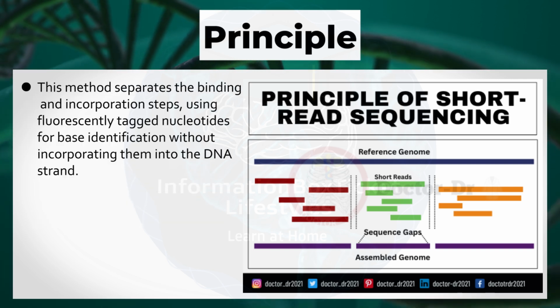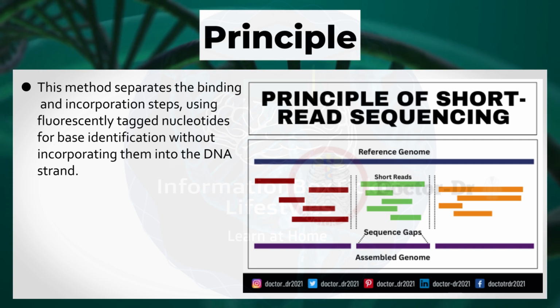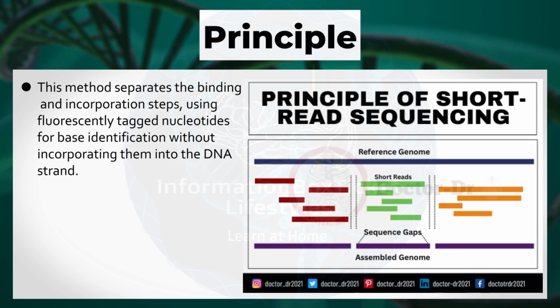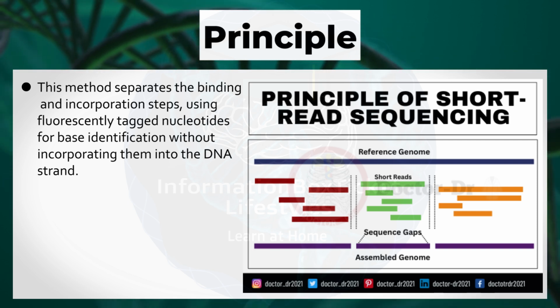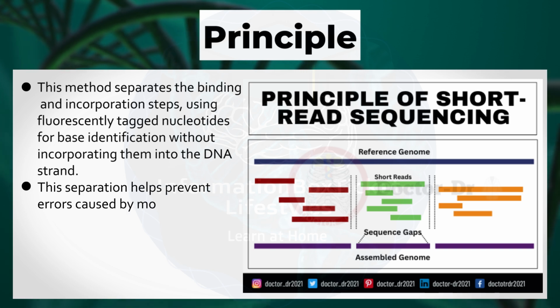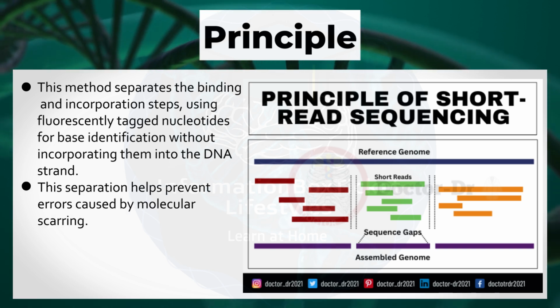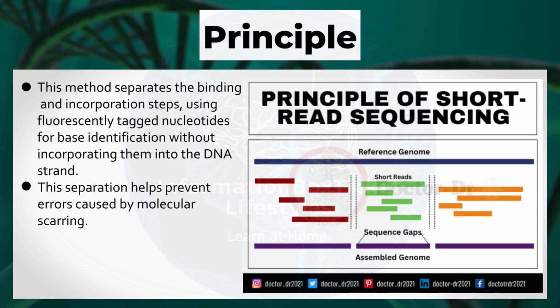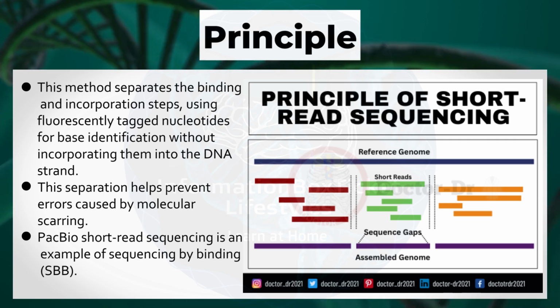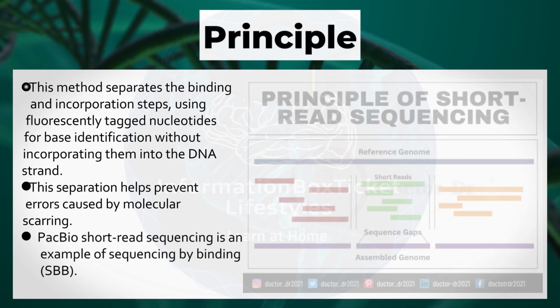This method separates the binding and incorporation steps, using fluorescently tagged nucleotides for base identification without incorporating them into the DNA strand. This separation helps prevent errors caused by molecular scarring. PacBio short-read sequencing is an example of sequencing by binding.